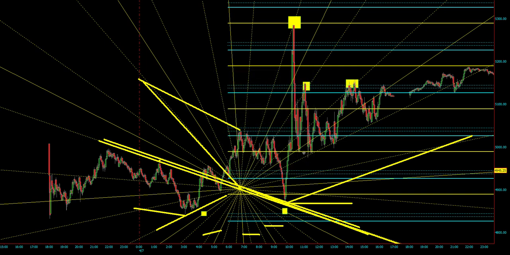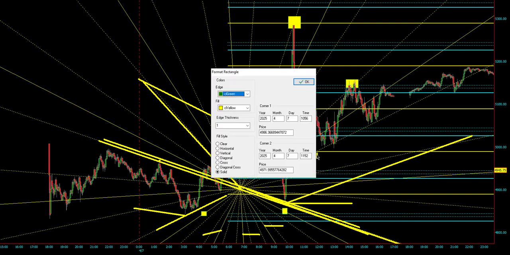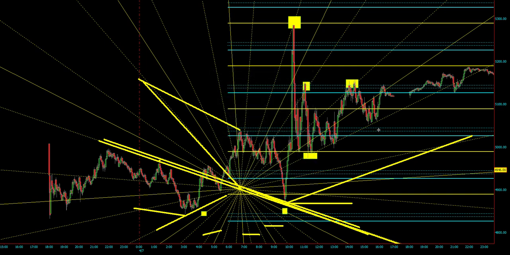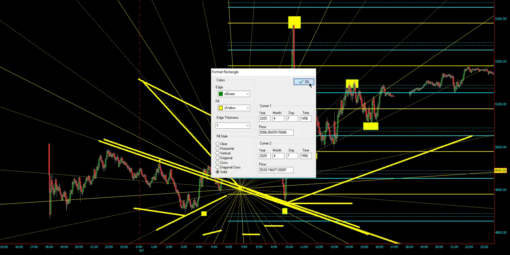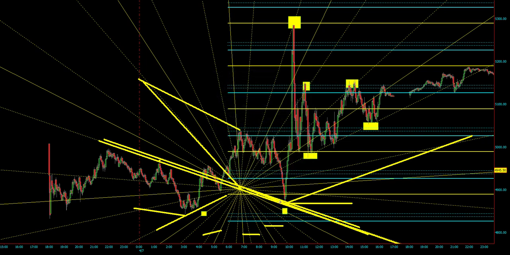So this is how we get all the vibrations. You can also get this support becoming resistance. Now you can see all the vibrations are going to work.